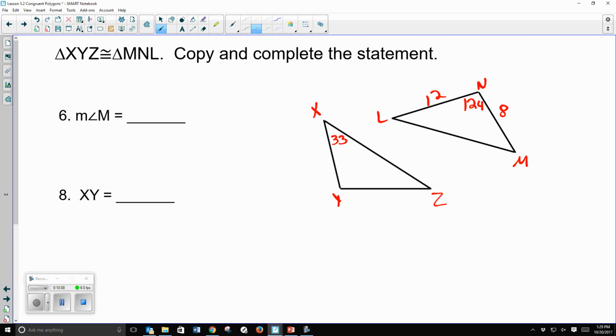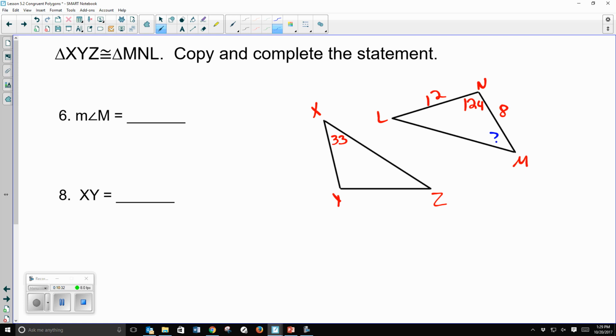The measure of this angle? Which one? This one. For number 6. All right. There's a reason the statement is up here. It's very important. One, we have to know that they're congruent to each other. Two, we have to know which parts are congruent to each other, which is why we did what we did a minute ago, identifying the congruent parts.